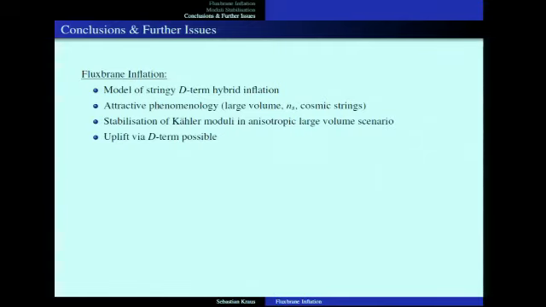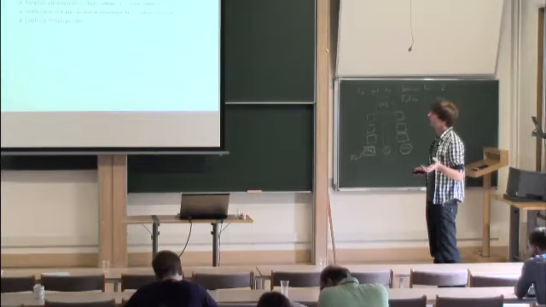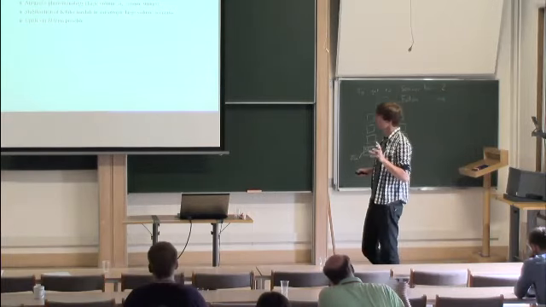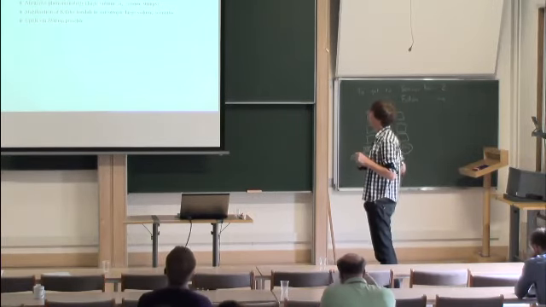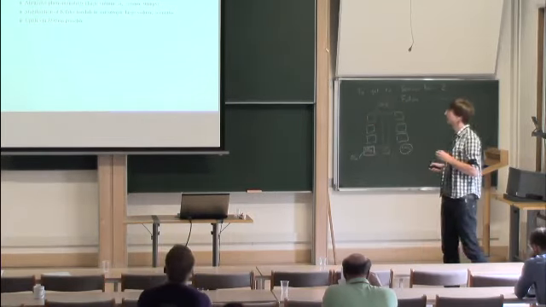So let me conclude. I presented to you fluxbrane inflation as a specific type of stringy realization of D-term hybrid inflation, which has attractive phenomenology. Namely, we can consider moduli stabilization in terms of the large volume models. The spectral index turns out to be about right, and furthermore we have a mechanism to suppress cosmic strings.